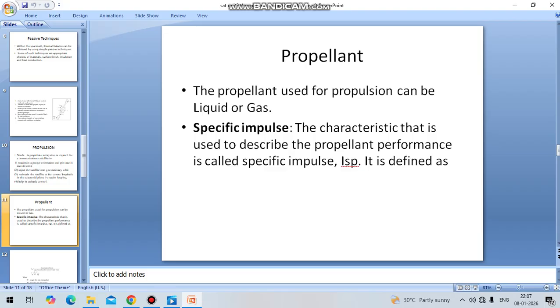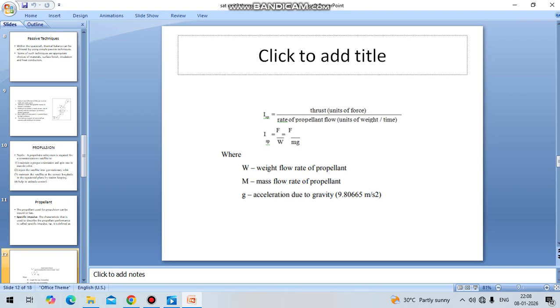The next parameter to know is the specific impulse. This is a characteristic parameter used to describe the propellant performance. It is defined as ISP. The formula for calculating the specific impulse is the ratio of thrust to the rate of propellant flow.